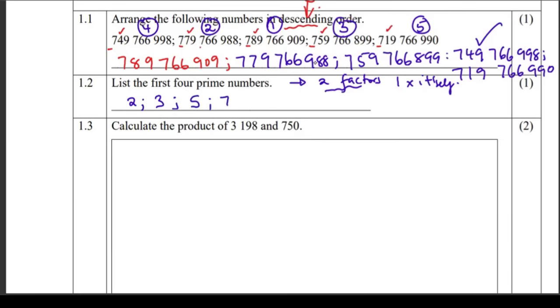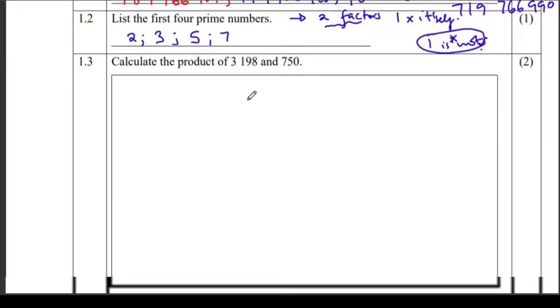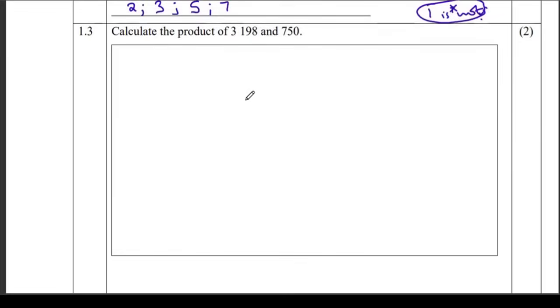Now remember, 1 is not a prime number, and 1 is not a composite number. So 1 does not fall between the 2. Then 1.3, calculate the product of 3198 and 715. Now in this case, you have a choice to use whichever method you feel comfortable with.